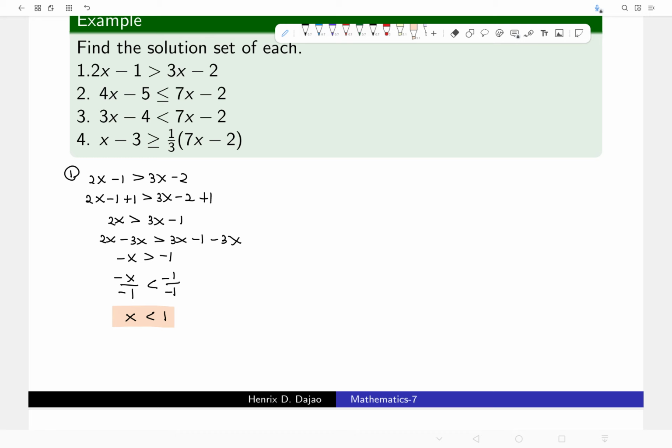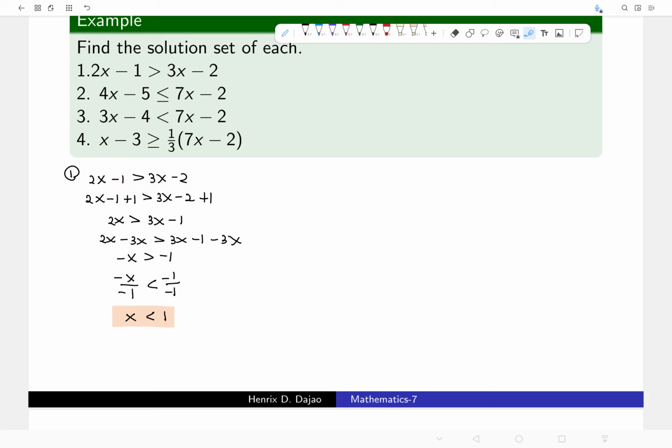So, there are many possible values of x. It can be 0.99, 0.5, 0, negative 1, and so on and so forth. So there are many values of x that you can find as a solution of our inequality.